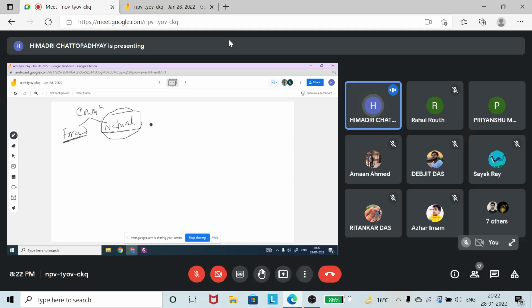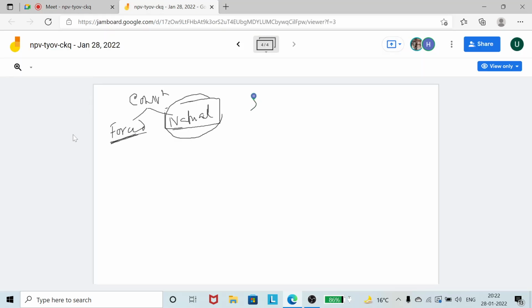So now what is the typical magnitude of h? The heat transfer coefficient for natural convection may be 5 to 10 watt per meter square per Kelvin. This is a typical value. Suppose you want to cool your tea. You are pouring your tea on a plate.